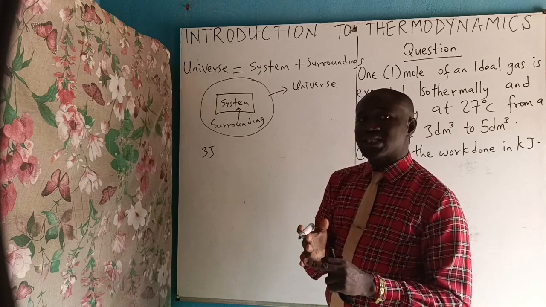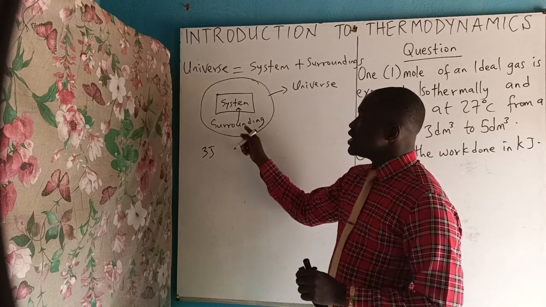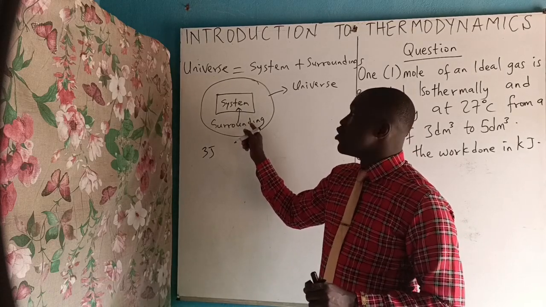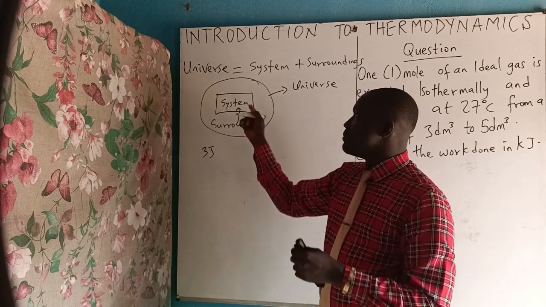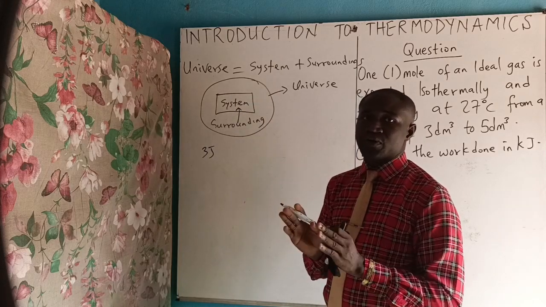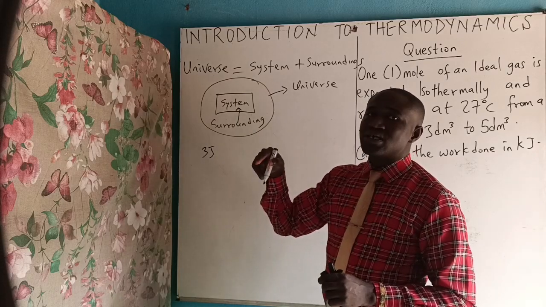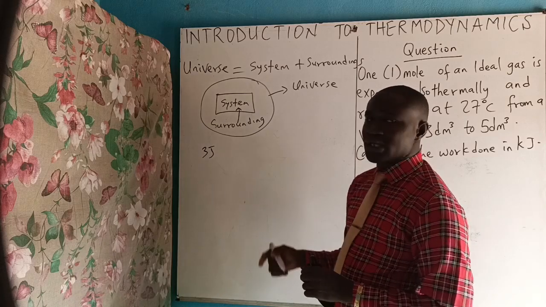No energy is created, no energy is destroyed, because the energy lost from the surrounding was gained by the system, and so it was useful there. So it was not destroyed. So you neither create energy nor destroy it.